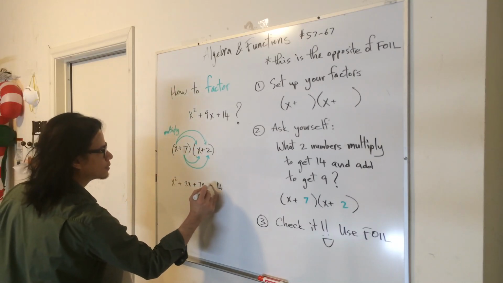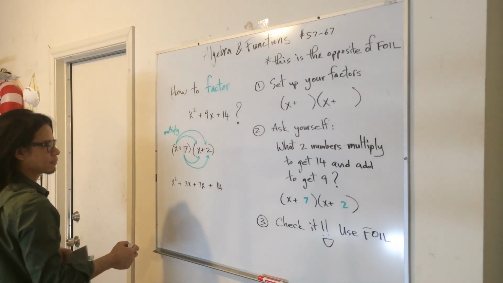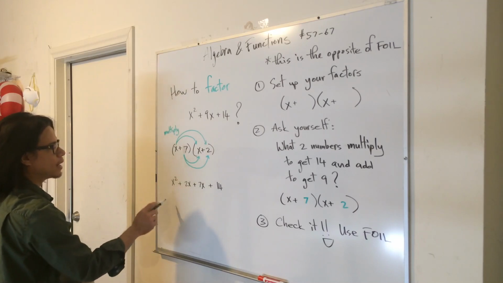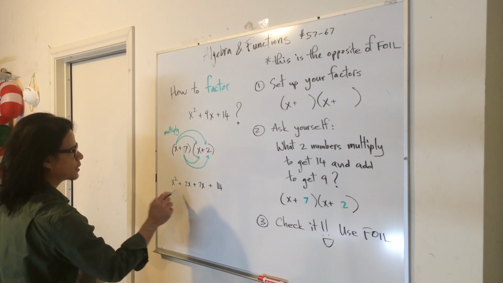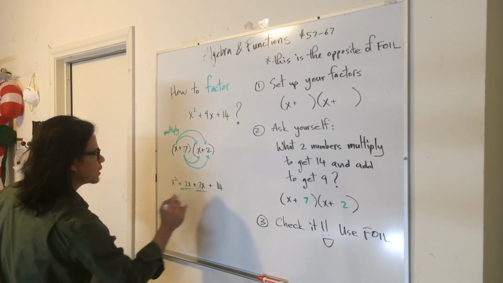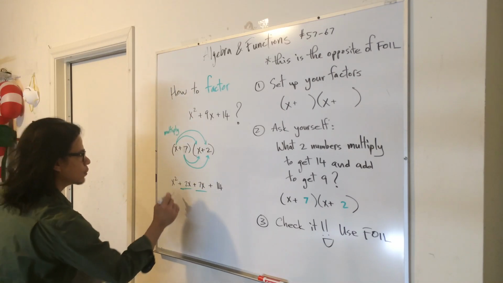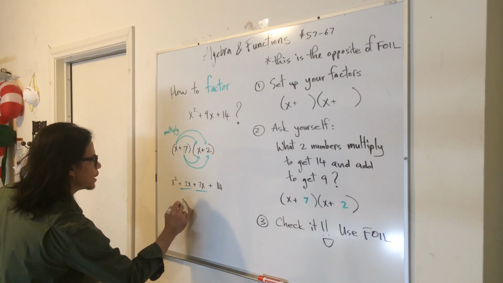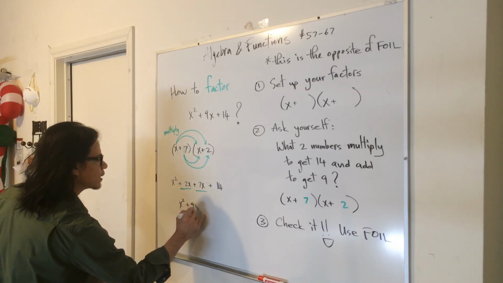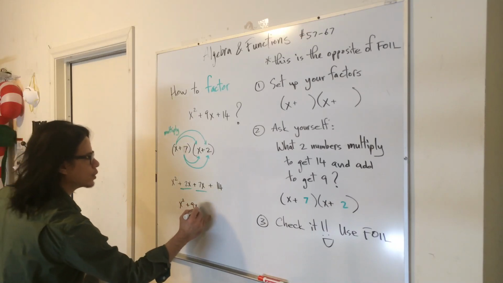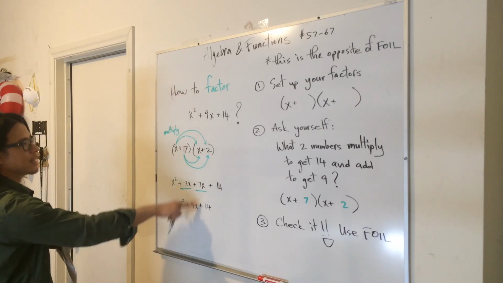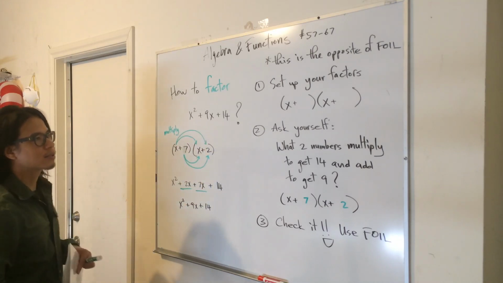Positive times positive is plus. Combine the like terms. Nothing to combine with the x squared, so let's just work with 2x plus 7x. We get x squared by itself. 2x plus 7x is equal to 9x. Bring down the 14. Does that equal that? Yes, it does. Let's go home.